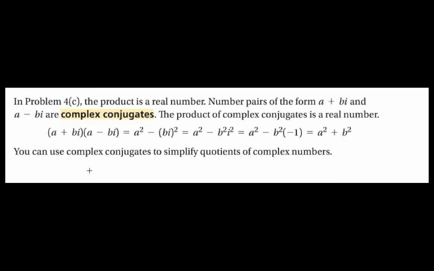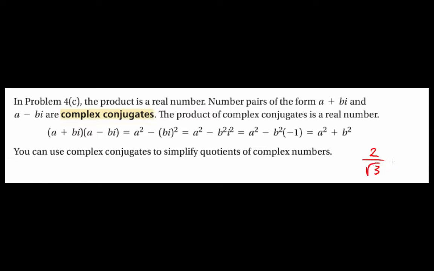All right, you can use complex conjugates to simplify quotients of complex numbers. So this is going to be very similar to situations where we have a radical expression, 2 over the square root of 3.